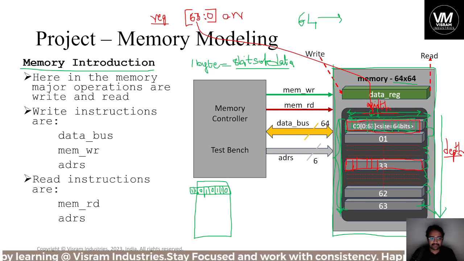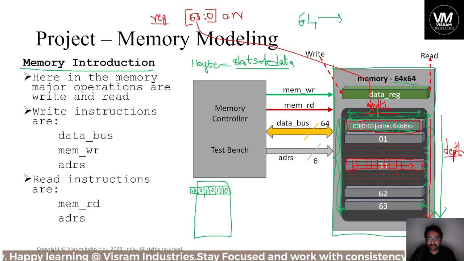In the same way, this entire register has 64 bits of storage. Bits, not bytes. 64 bits. That is nothing but the depth of the memory is related to the number of arrays available or number of registers stacked one by one.